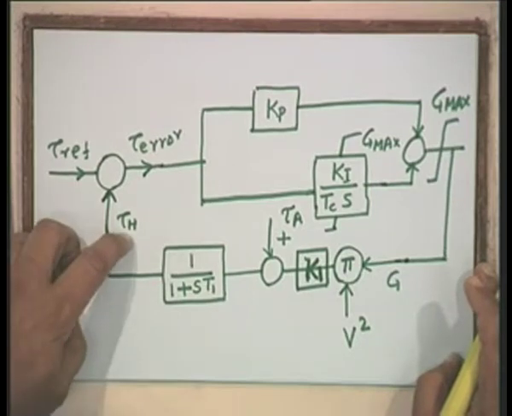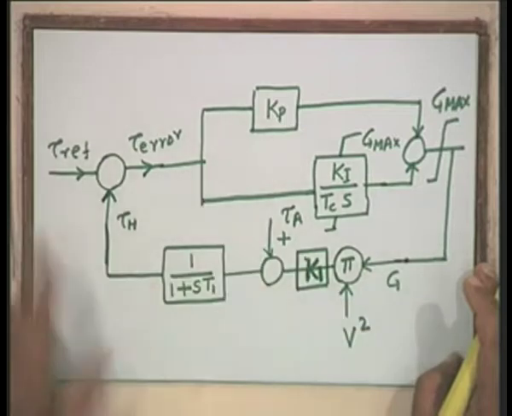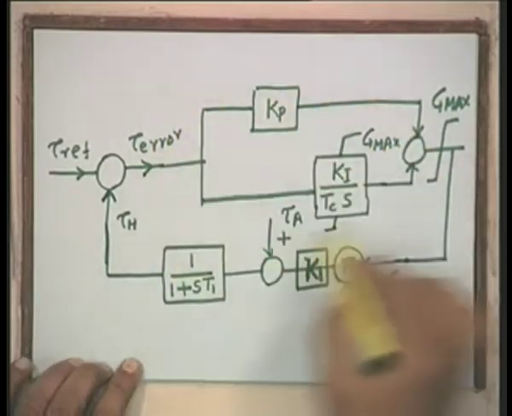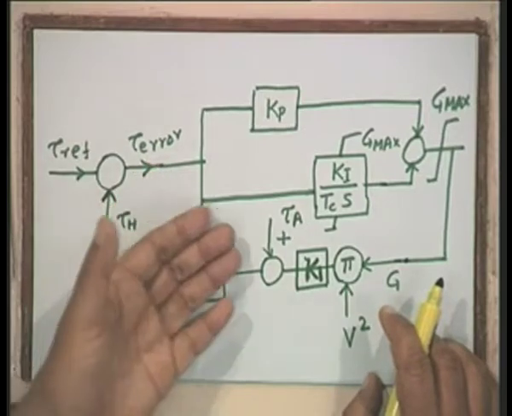Now here tau h is the state variable, the only simple one, and this is the PI controller which we have shown. Depending upon this error, it is going to increase or decrease the conductance. The more the conductance, the more is the heat which is going to be generated.